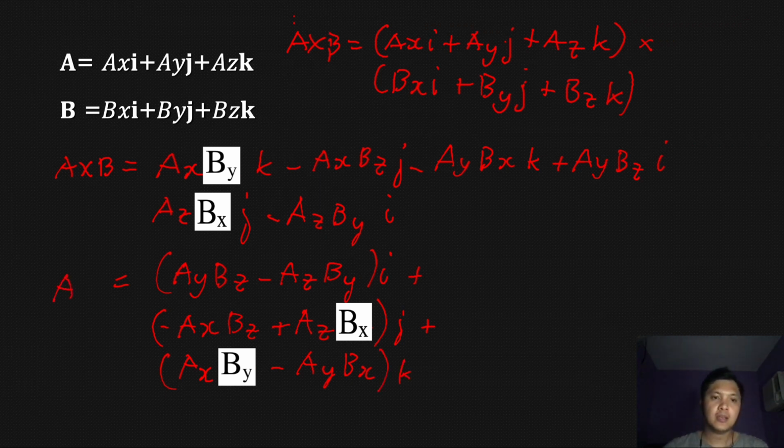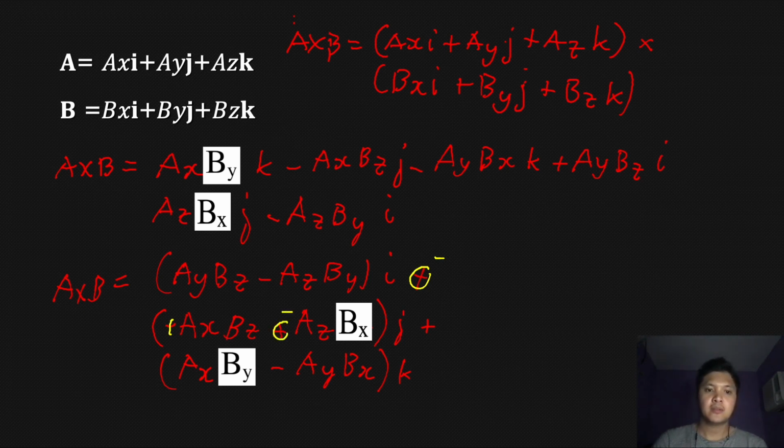So this is A cross B. Now since we have a negative here, we can just make this negative so that this becomes positive and this becomes negative. So therefore our final equation will be like this.